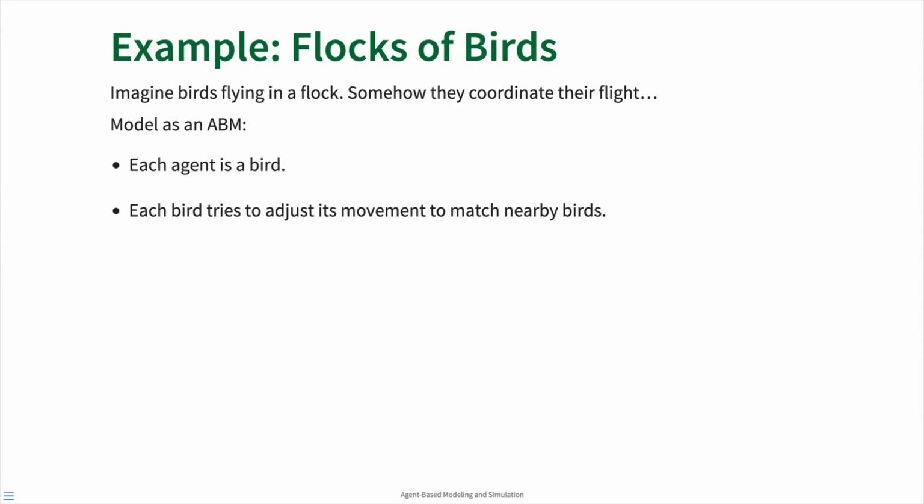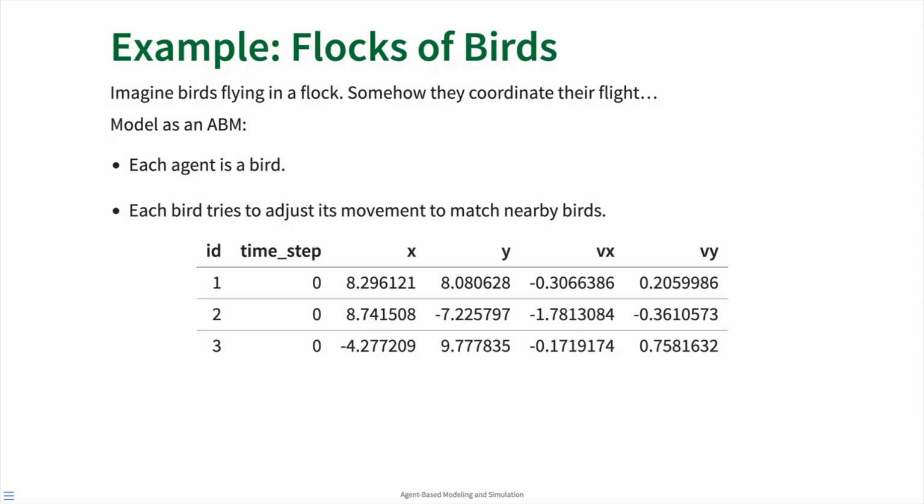Each of our birds, each of our agents, will adjust its movement as the model progresses to try and match the movement of the birds or the agents that are closest to it in the simulation. So it's kind of like in each instance, you look at how the birds around you are moving and you try and do the same thing, while at the same time, each of those birds is also doing the same adjustment. So here's an example of how that might look in a computer.